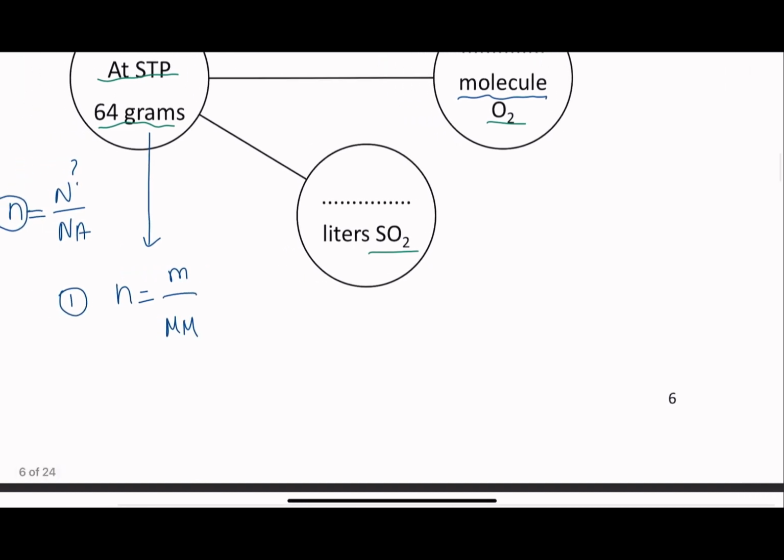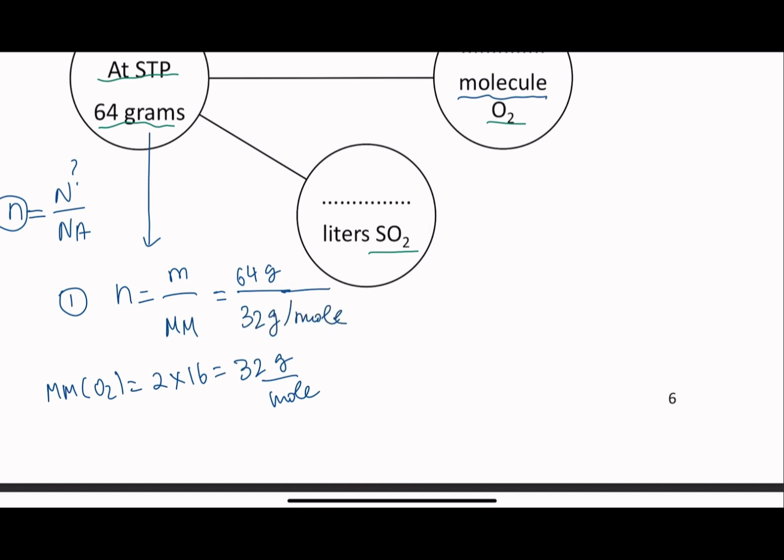So the molar mass of oxygen, what is that? We can find it from the periodic table, it is 2 times 16, which is 32 gram per mole. And then from here you have 64 grams of oxygen, and then 32 gram per mole. And this would give you 2 mole of oxygen.